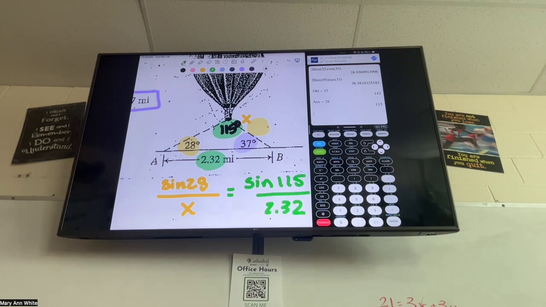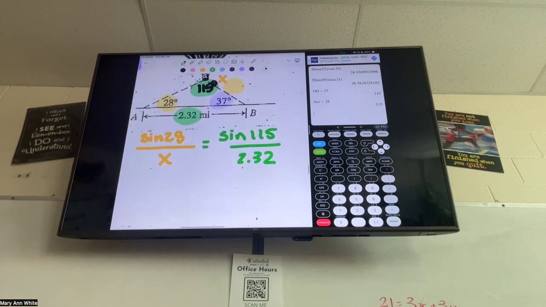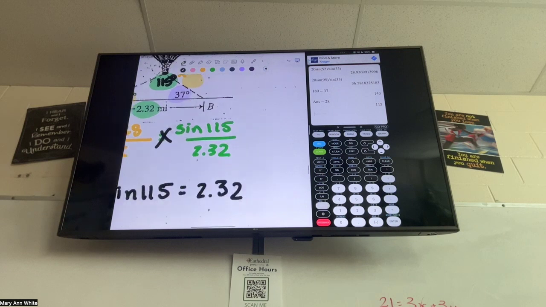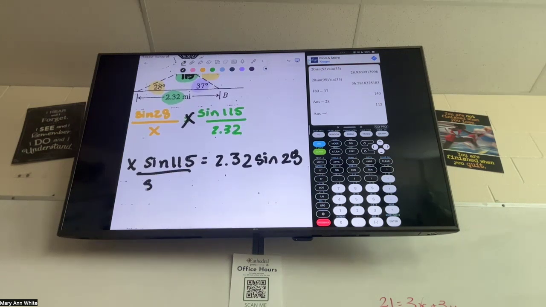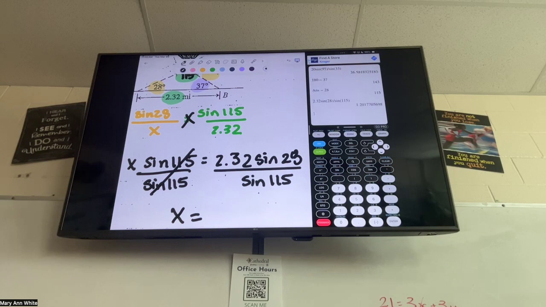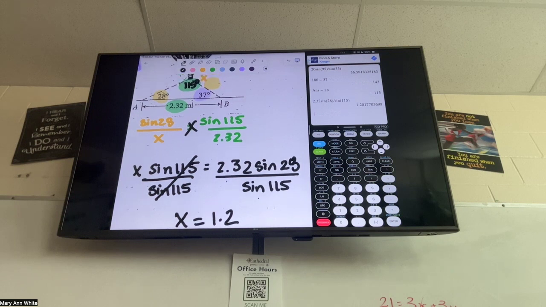Everybody okay with what we're doing so far? This is still pretty normal stuff. Cross multiply and then we'll solve for X. All right, and I get X equals 1.2.